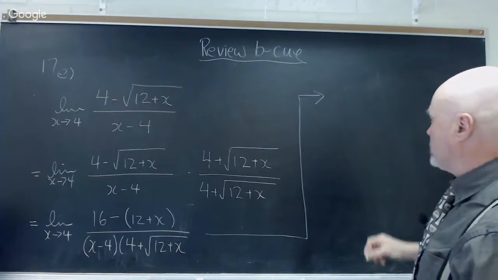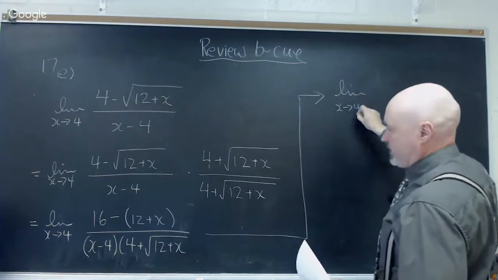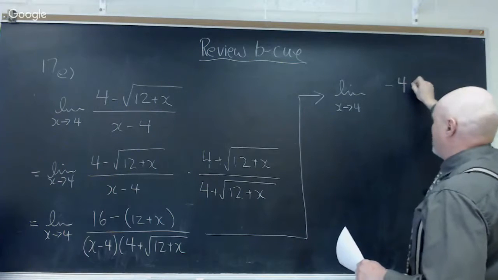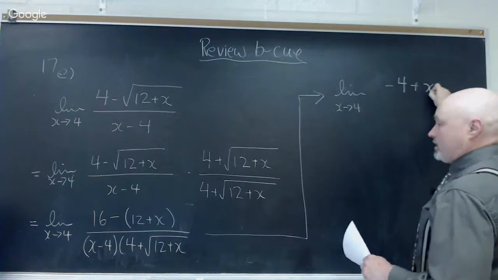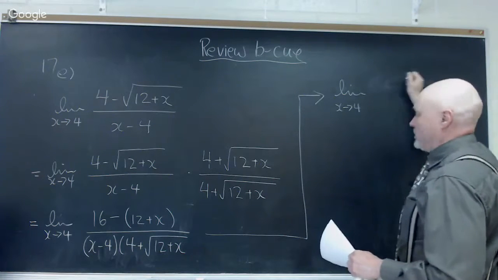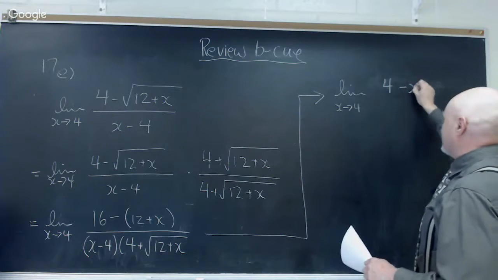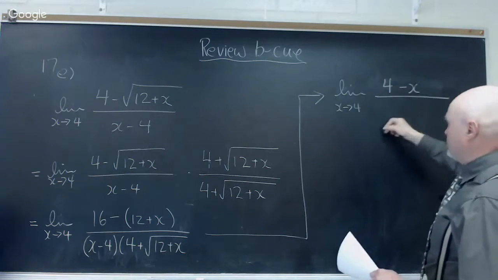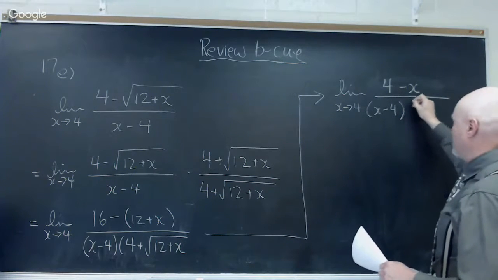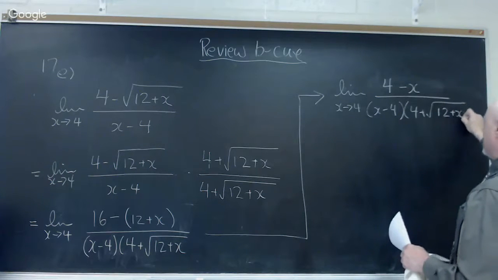Okay, so still haven't been able to do anything with the limit, so we're going to have to leave it on the outside. So this becomes negative 4 plus, minus x. Oh, no. 16 minus 12 is positive 4 minus x. Okay, got too excited and ahead of myself there. x minus 4 and 4 plus the square root of 12 plus x.